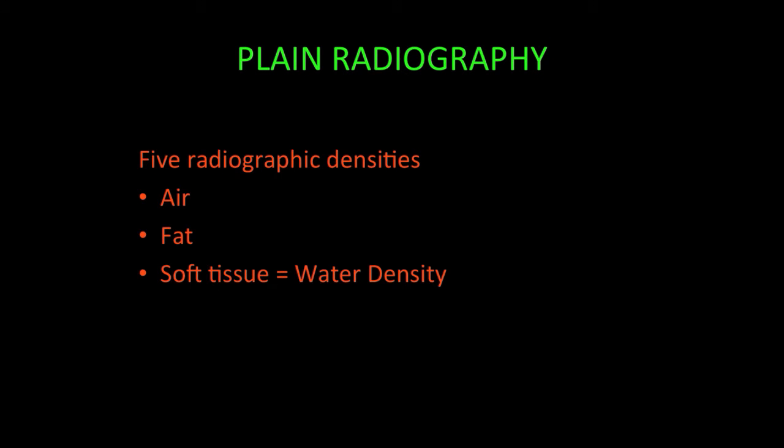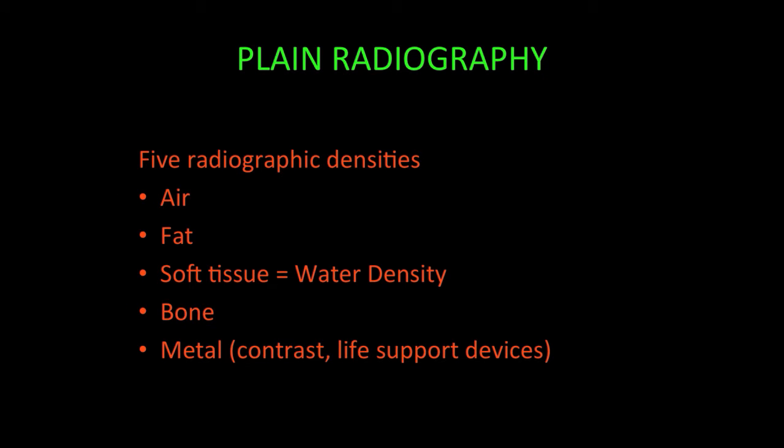In plain radiography, which is how it all started, there are essentially 5 radiographic densities, and it depends on how one density compares to the other that we may be able to discern the edges of the anatomical structure. So we have air density, fat density, soft tissue, which is the same as water density, bone density, and of course metal. That includes foreign bodies, life support devices, and contrast.